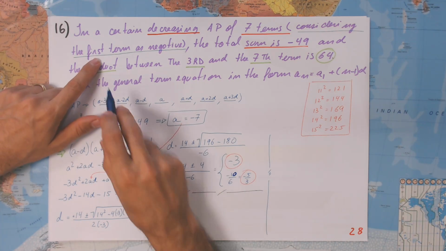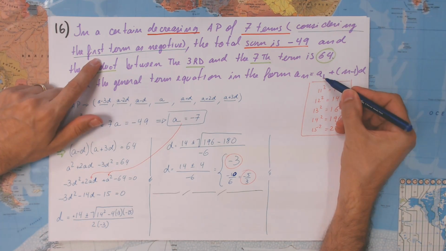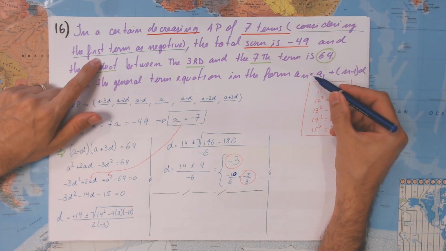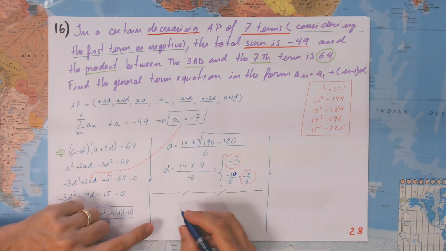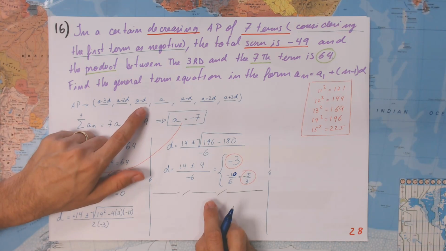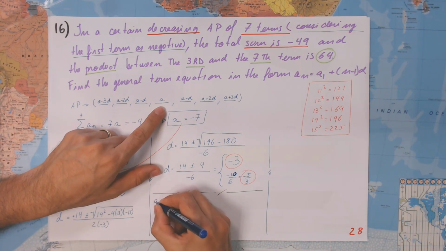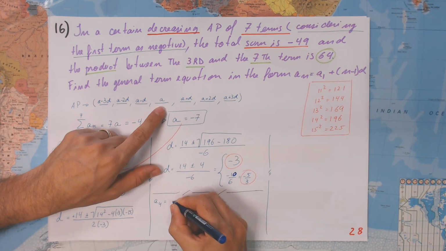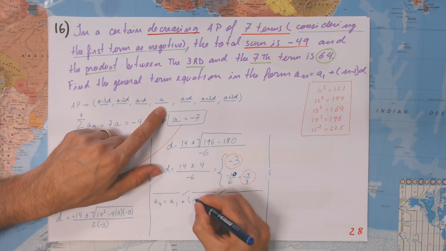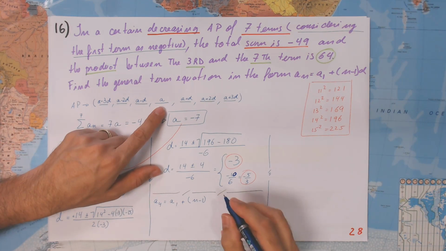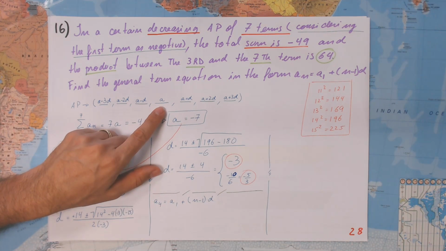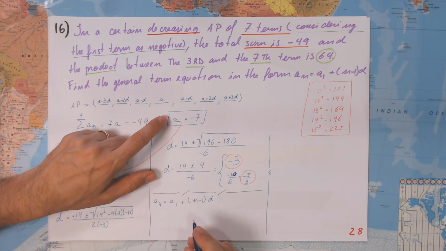And we have to know it anyway, because we have to calculate A1 to get the general equation. Let's see. We have the third one. No, we have the fourth one, right? So we're going to use this one. A4 is going to be A1 plus n minus 1 times D. Now, what is A4?